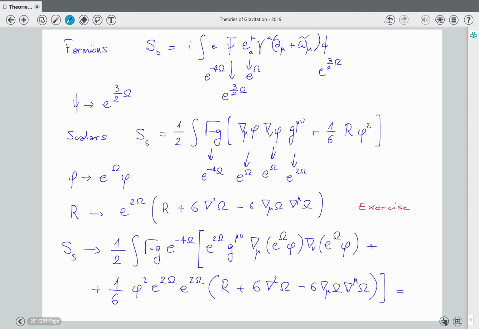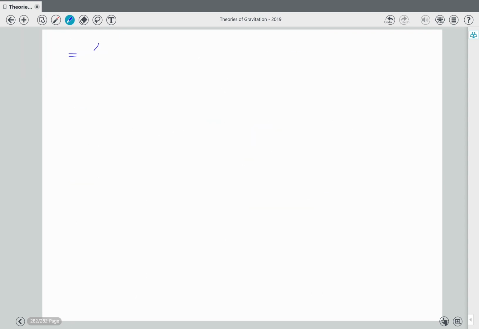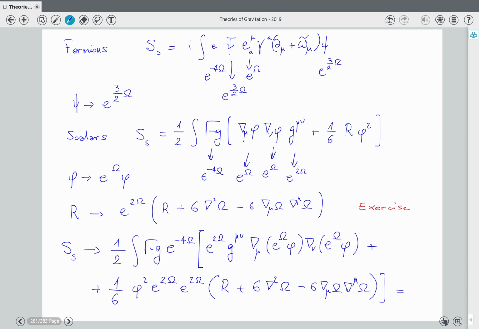But this is quite simple because you just have to take these two derivatives and sum those terms. One half integral of the square root of minus g. The e to the minus 4 omega will disappear because it will be simplified by that in the second line, but also here, because once you differentiate, the exponential will always stay out.